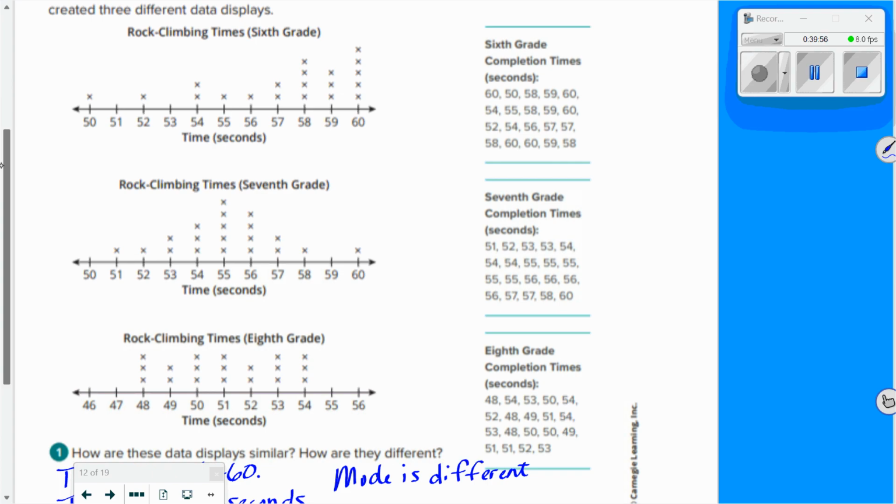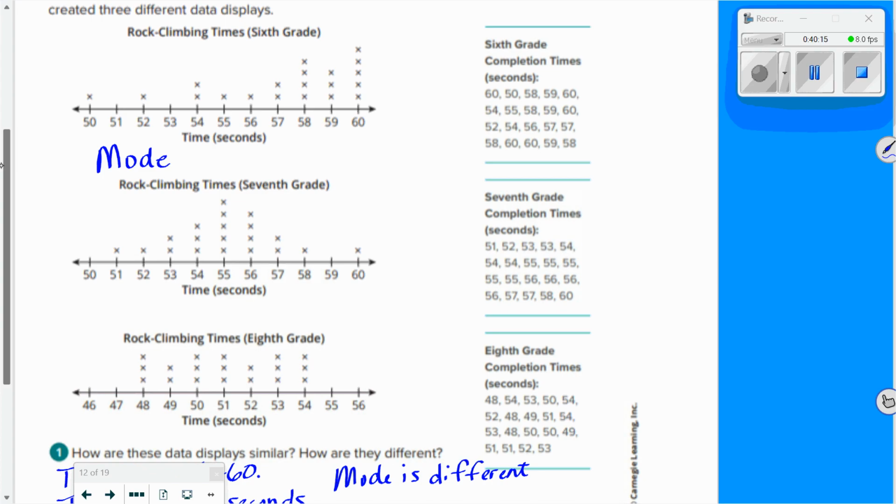It is 60. What do you see most often? 60 has the most.